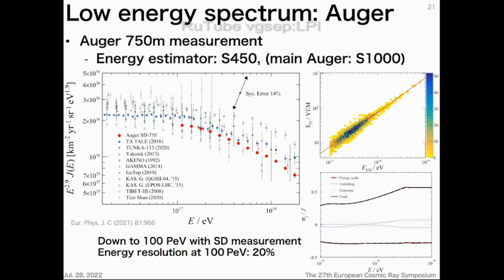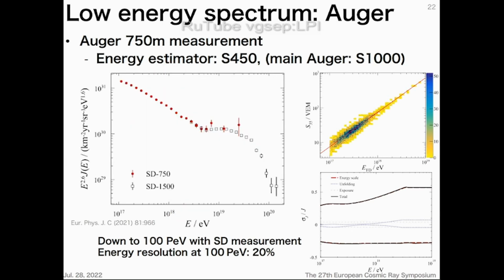They also use the constant intensity cut method to convert S450 to S35, and this S35 has a good linear correlation with FD energy. Then they obtain the SD energy using this relation, and this is the result of the low energy extension of the OJ SD spectrum indicated by the red points. They are successful down to 100 PeV with SD measurement.